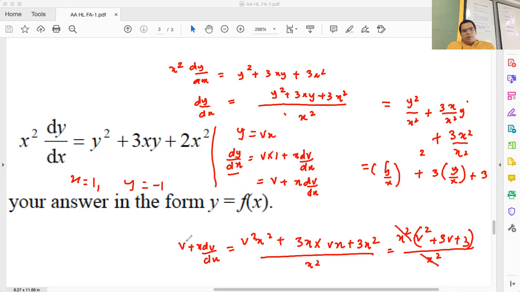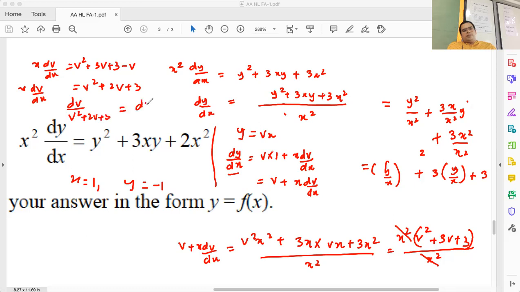Now if you move the v from the left hand side to the right hand side, you get x dv/dx equals v squared plus 3v plus 3 minus v. The 3v minus v simplifies to 2v, so x dv/dx equals v squared plus 2v plus 3. Now you have to separate the variables: dv upon (v squared plus 2v plus 3) equals dx upon x.